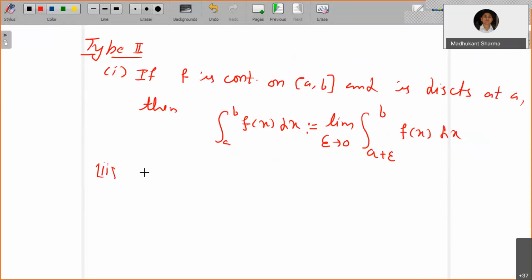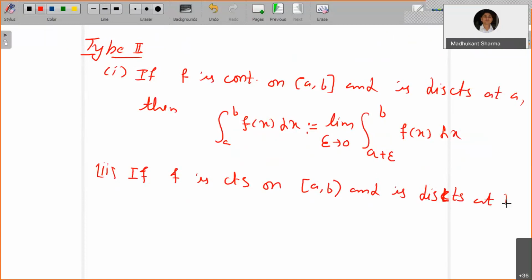Now similarly at the right-hand point: if f is continuous on [a, b) and is discontinuous at b, then consider the integral from a to b of f of x dx.